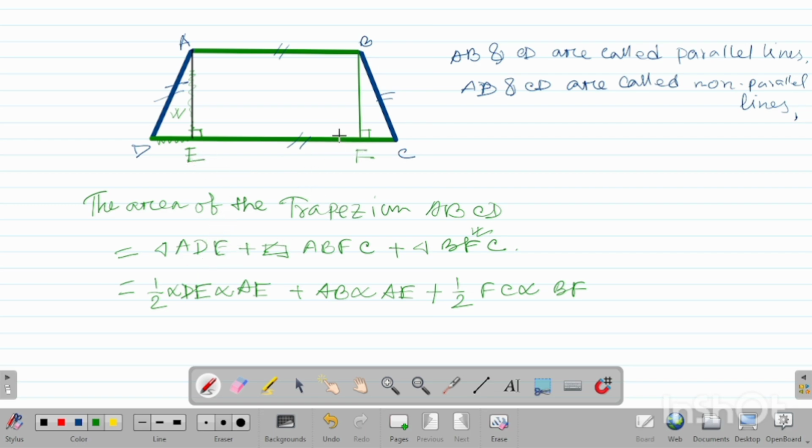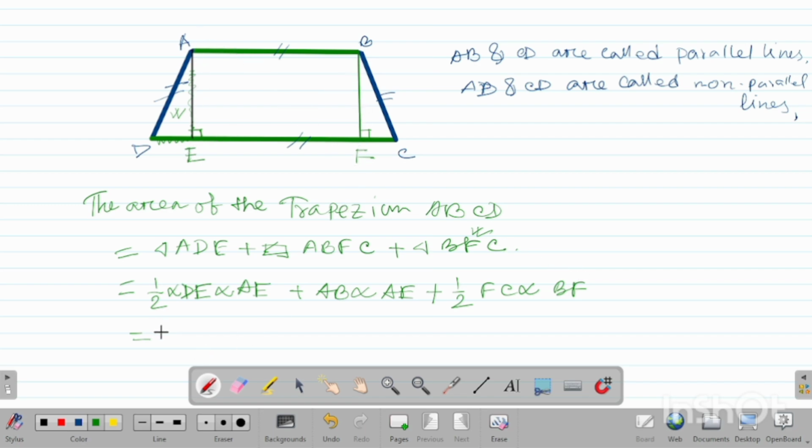Since AE and BF are the heights of the triangles and the quadrilateral, that's why they are equal. So we can replace BF by AE.